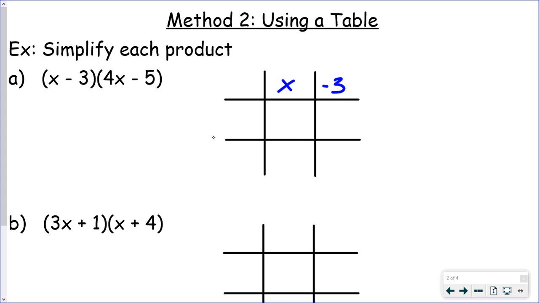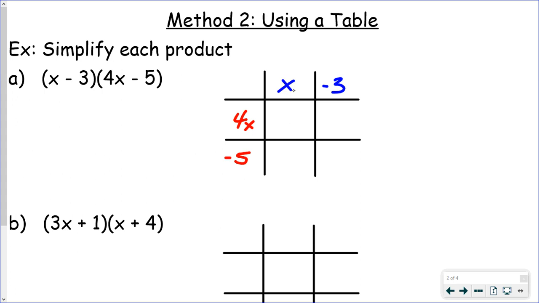Then I put the other binomial over here. 4x, again, the minus sign belongs to the 5, so it goes with it. Now I'm going to write the products of the corresponding monomials. In this box, I'm going to do 4x times x.